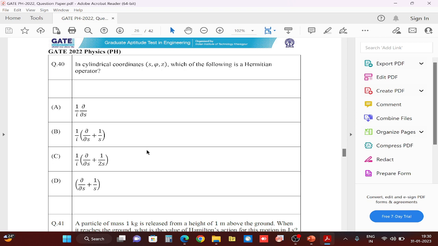If you do it like this, psi 1 star, some operator, psi 2, ∂/∂s, okay, you take the dagger of this. Just give me 1 minute, I'll try and let you know.